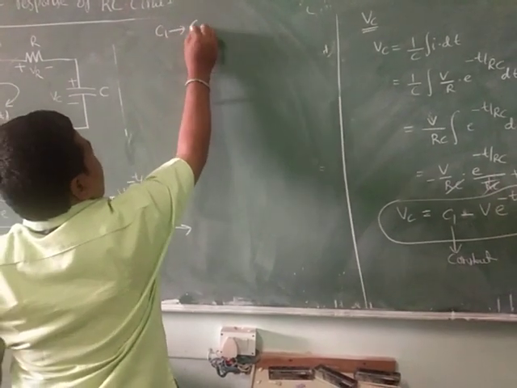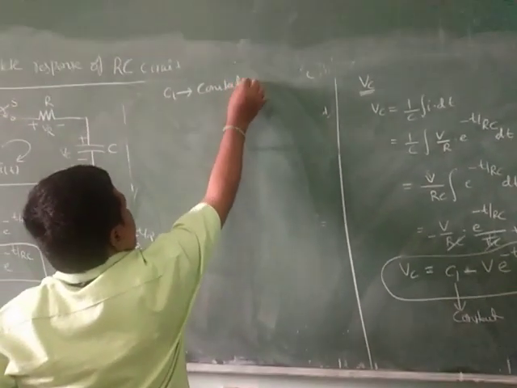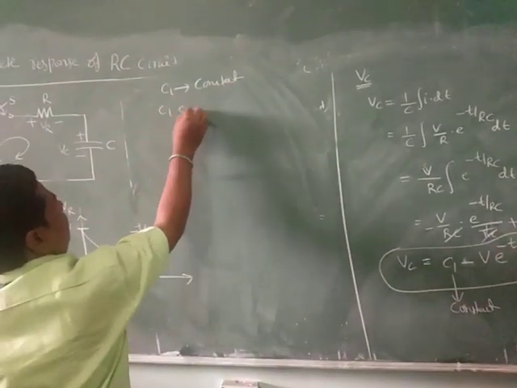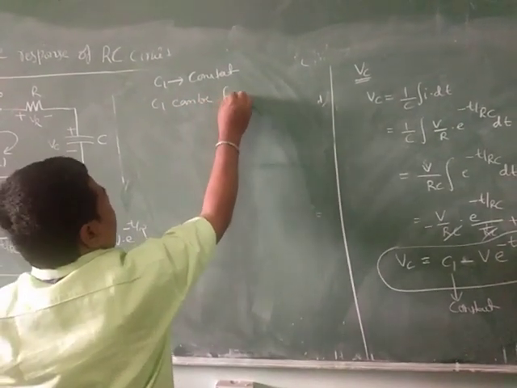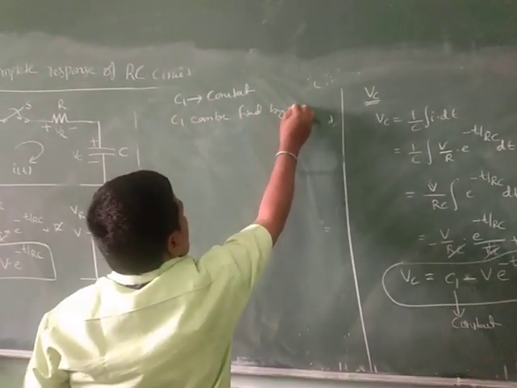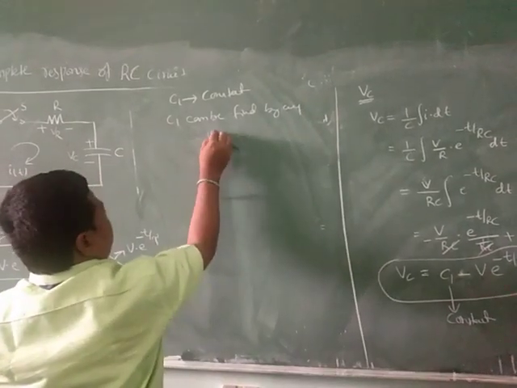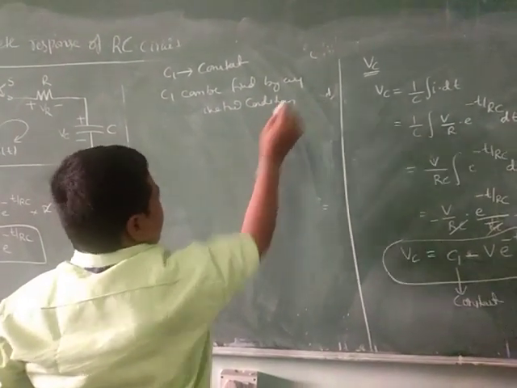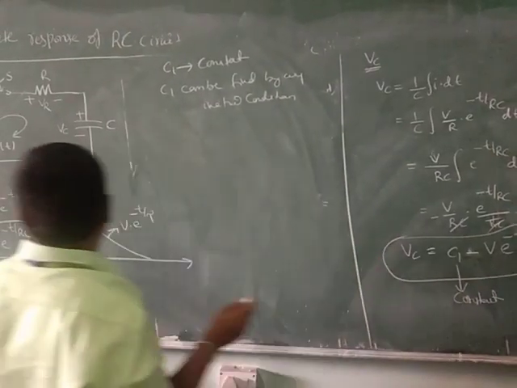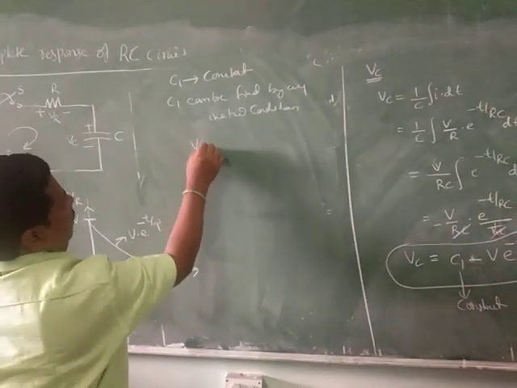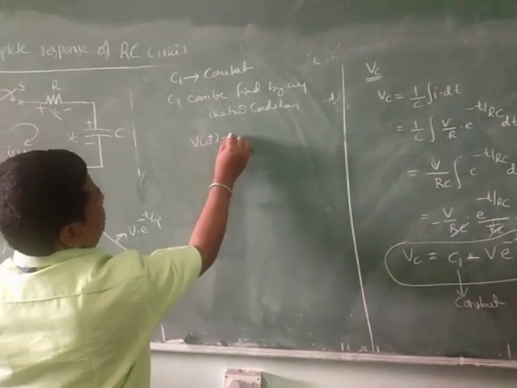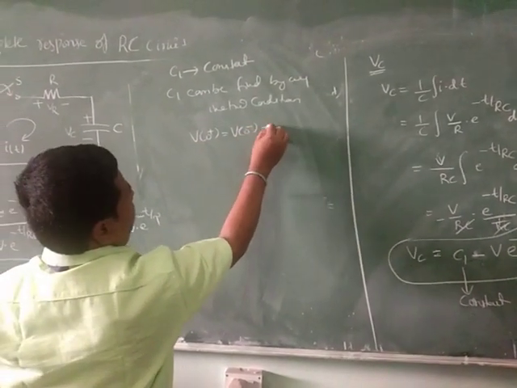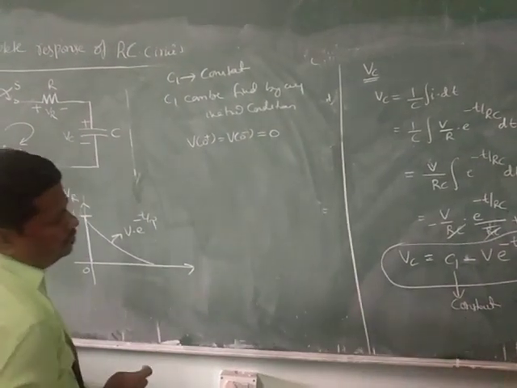The initial condition in terms of voltage: V of 0 plus is equal to V of 0 minus, that is equal to 0.